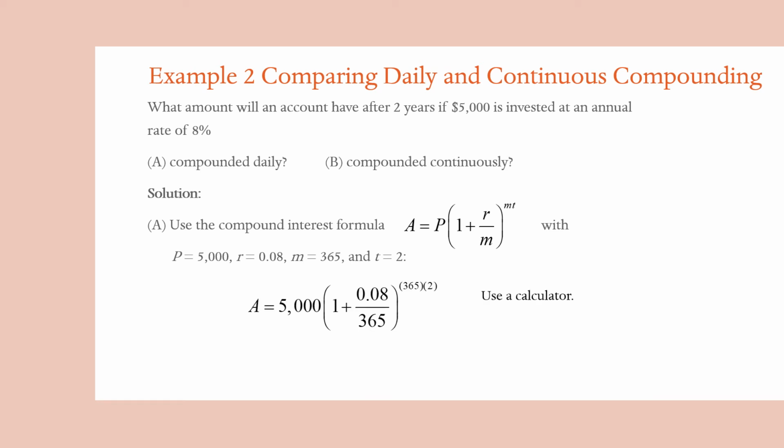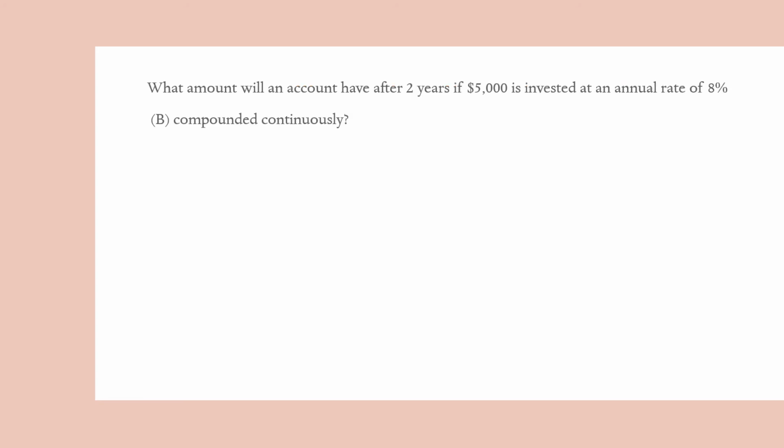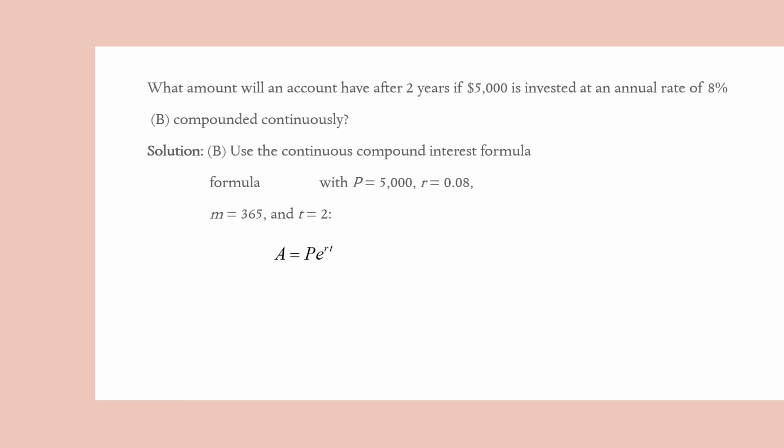Substituting this, using the calculator, we get $5,867.45. If it is compounded continuously, then it is Pe^(rt). r and t are known, P is known. Use your calculator and you get $5,867.55. Earlier it was 45 cents. Here it is 55 cents. So only 10 cents extra.